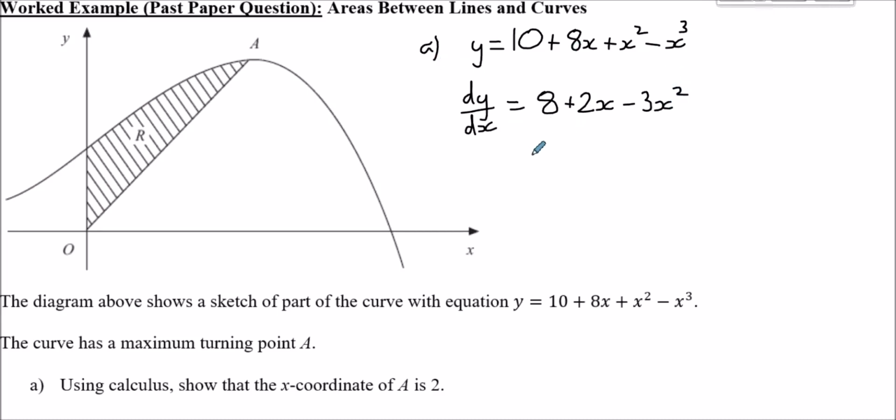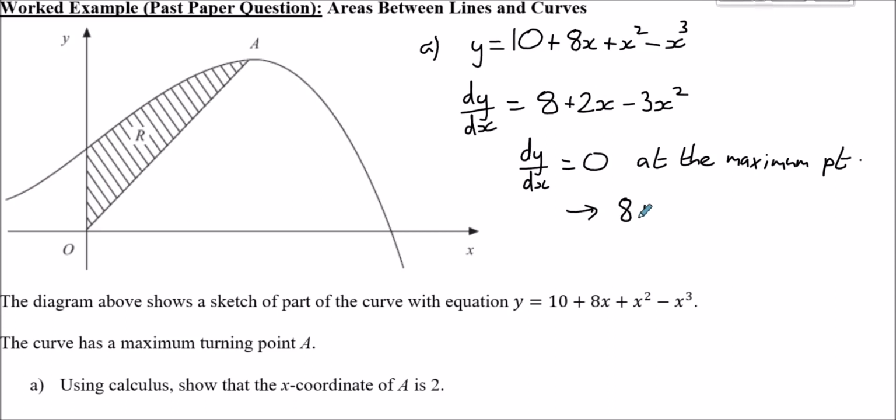So what you need to remember next is, at maximums or minimums, dy by dx is going to be 0. So we can find the maximums by substituting in 0, because it's going to be equal to 0 at the maximum. So we can set this equal to 0.